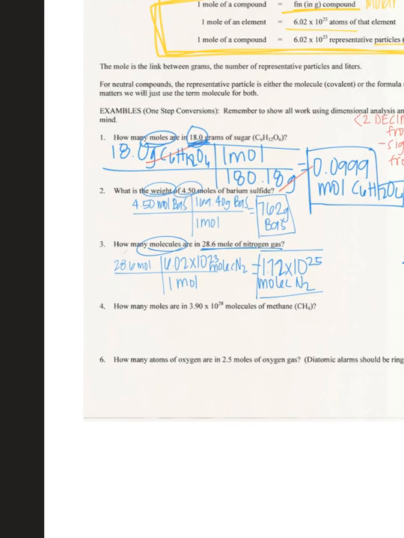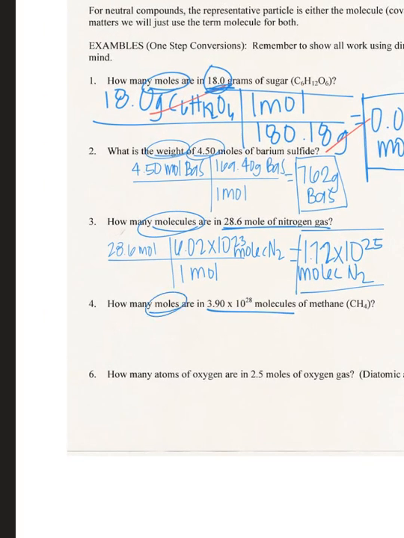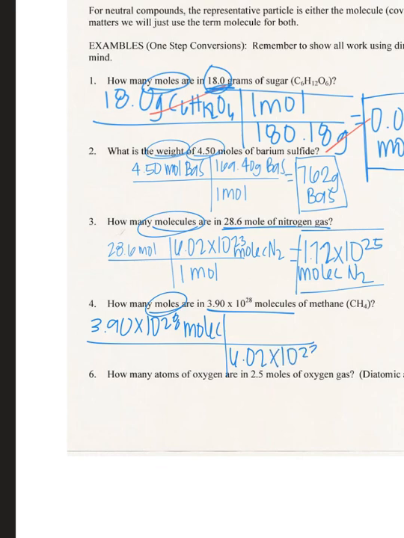Okay, two more. How many moles are in 3.9 times 10 to the 28th molecules of methane? So we want to know moles. They gave us molecules to start, so I have to have molecules cancel out. 6.02 times 10 to the 23rd molecules is 1 mole of methane.